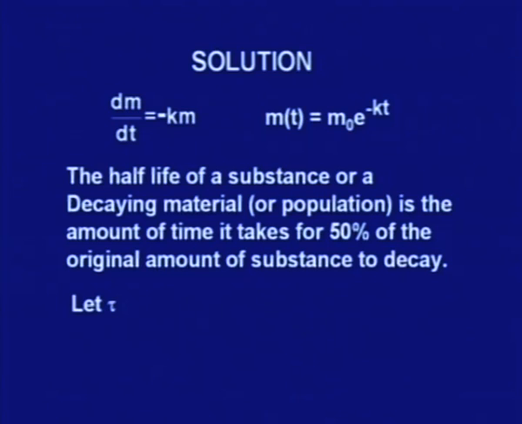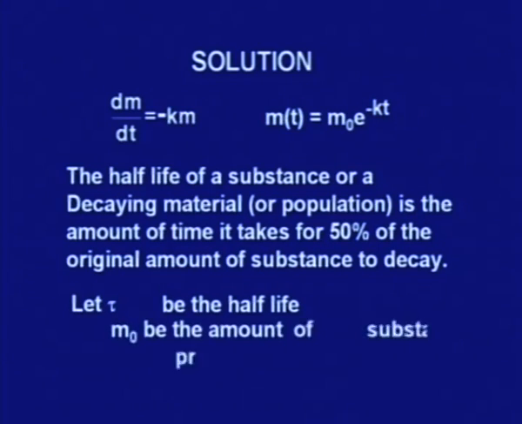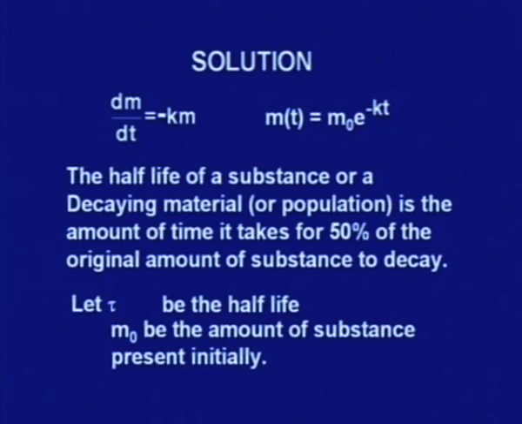So, let tau be the half-life, that is, the time it will take for the material to come down to half, and let us say that m naught is the amount of the substance present initially.